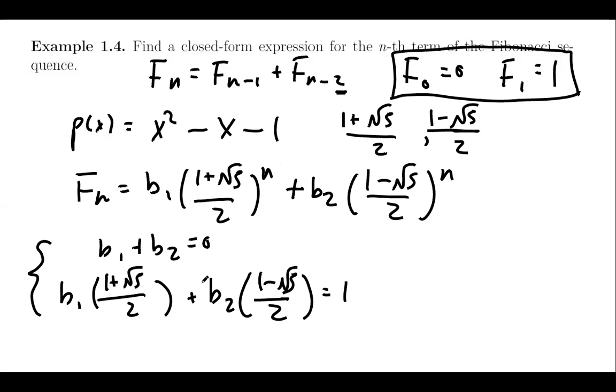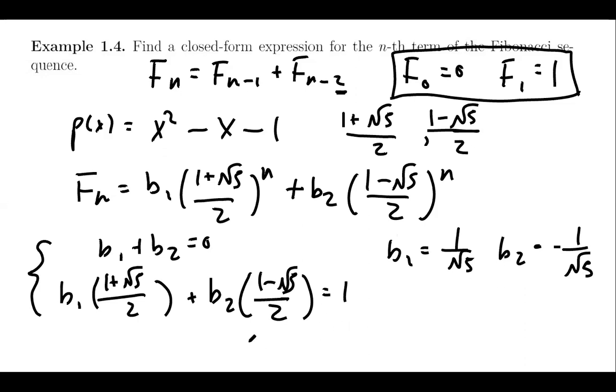Now, if we solve this, I'll skip some of the algebra to save some time. But b1 equals 1 over root 5, and b2 equals negative 1 over root 5.